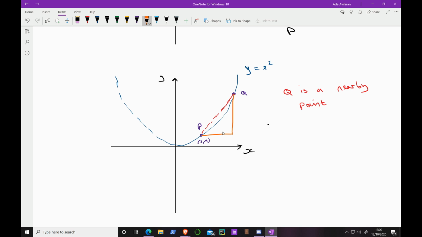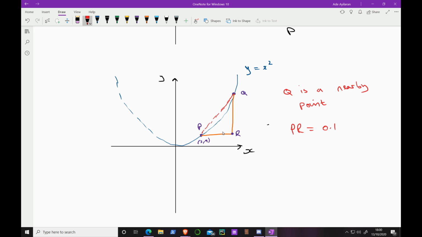This will be a point R. So where these two lines meet, that will be a point R. Let's say that PR equals 0.1.